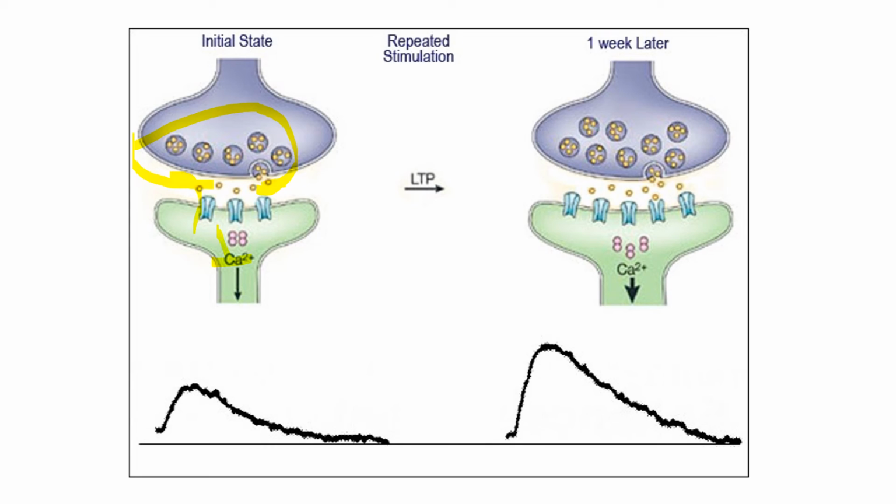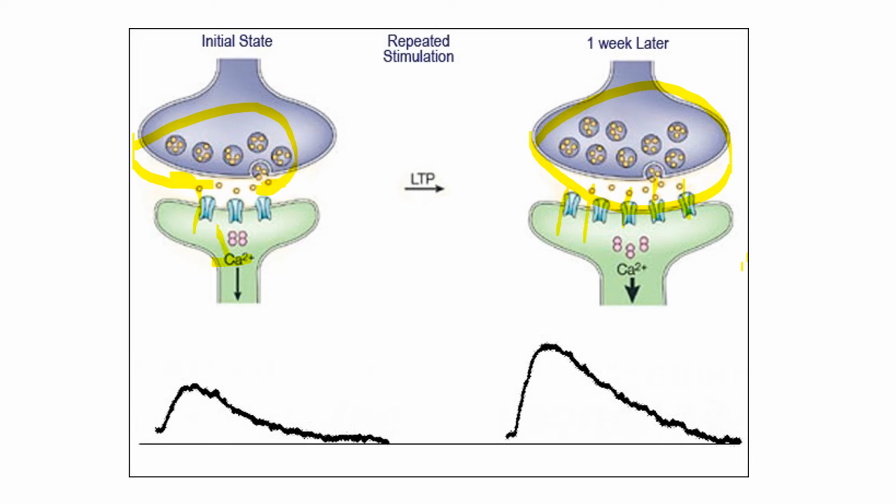Okay. So if this continues on, say if you're learning this material, repeating it over and over and listening to lectures for a week or more, then what happens is you actually are generating more of the glutamate neurotransmitter. So that's actually increasing the amount of receptors found in the postsynaptic cell.